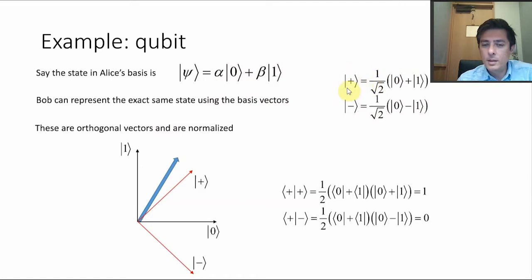Let's look at the inner product of plus with itself. That tells us basically what its length, or length squared, is. So you just take the inner product. We take the complex conjugate version of this. That's that one. That's the regular vector plus, that's that one.